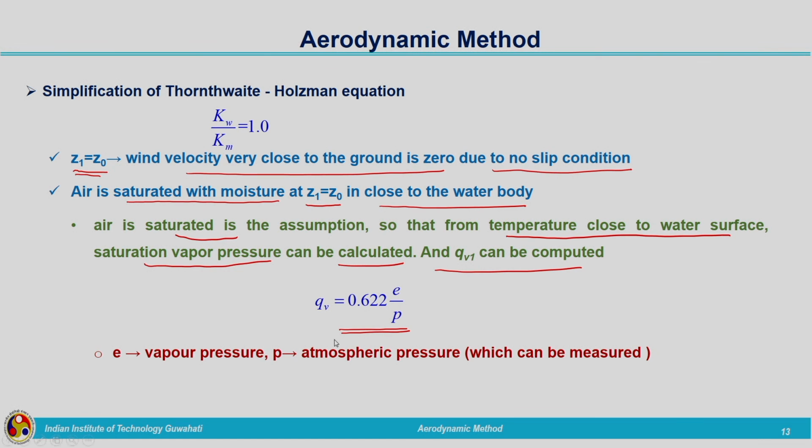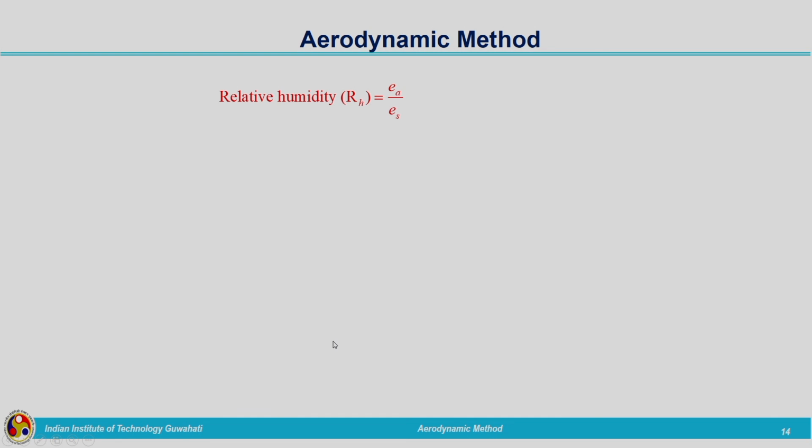These can be measured. Now, coming to relative humidity, we know it is given by EA divided by ES. These equations we have already seen. So, EA can be calculated by using the equation EA is equal to ES multiplied by relative humidity.